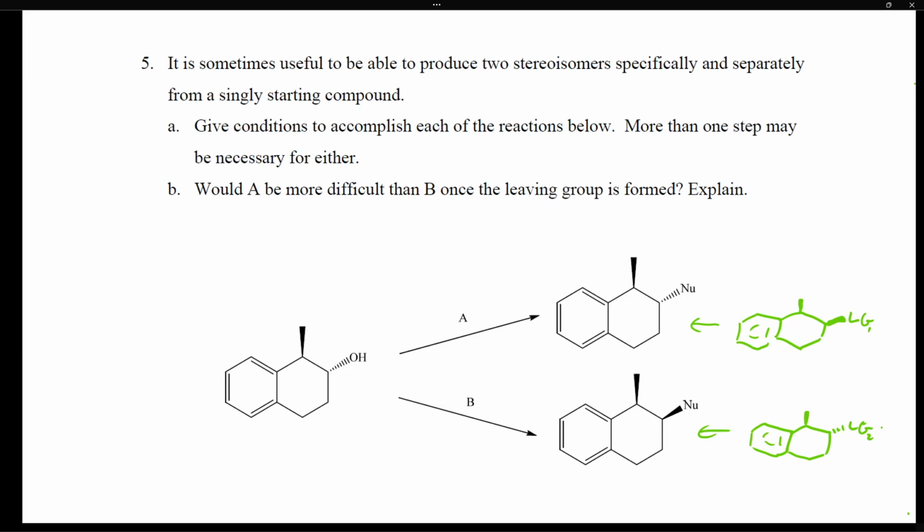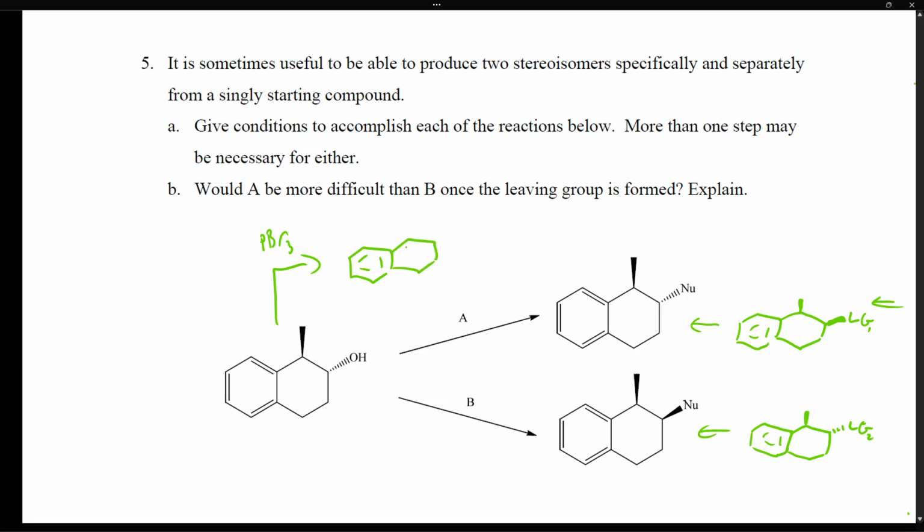So if I make an alkyl halide, a bromide, a chloride, that is an inversion of its own. That is an SN2 reaction. So that's going to give me an inverted leaving group. That would give me this one. So for instance, if I treat this with PBr3 or SOCl2, would also work the same way, what I'm going to get is an inversion of the alcohol carbon.